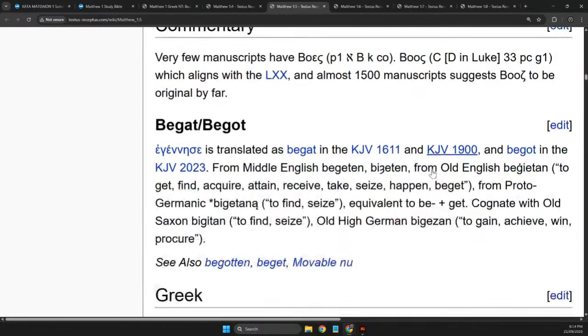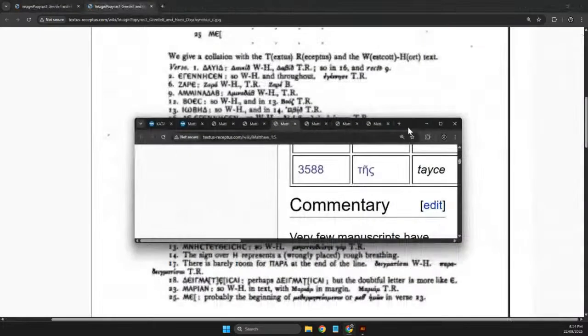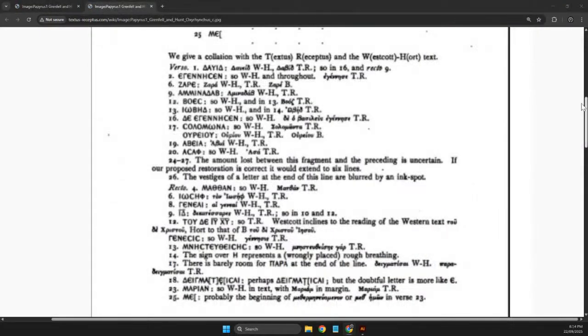So this would be one of the reasons why they're saying that this Papyri 1 is close to Vaticanus, okay, because of this type of reading. And so we have the Zare reading, and so the Boes reading, okay. Now they're also saying the Aminadab, so Aminadab with 1 mu.